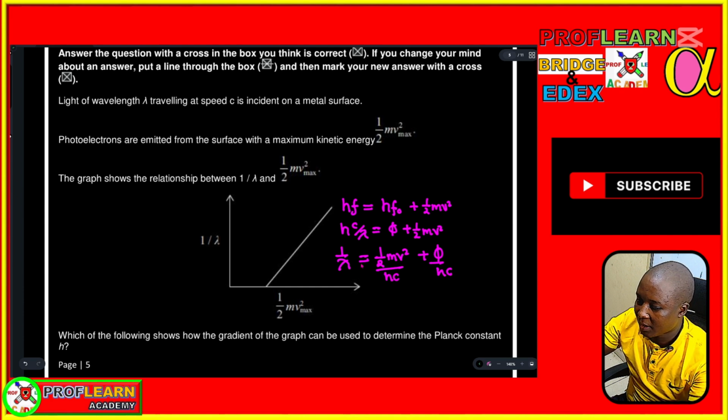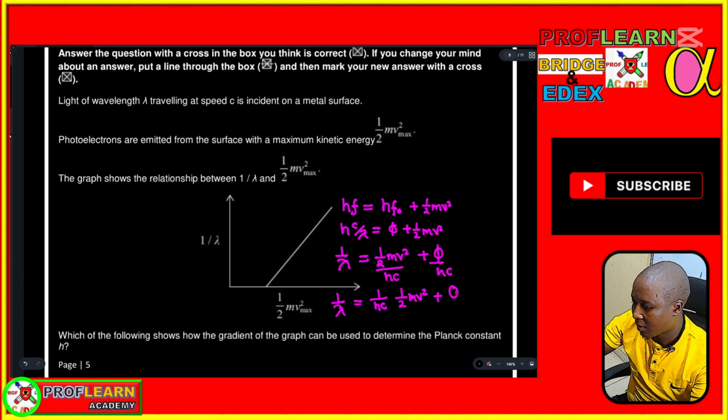So since this graph is 1 over lambda against a half mv squared, I can say 1 over lambda is equal to 1 over hc times 1/2 mv squared plus work function over hc.